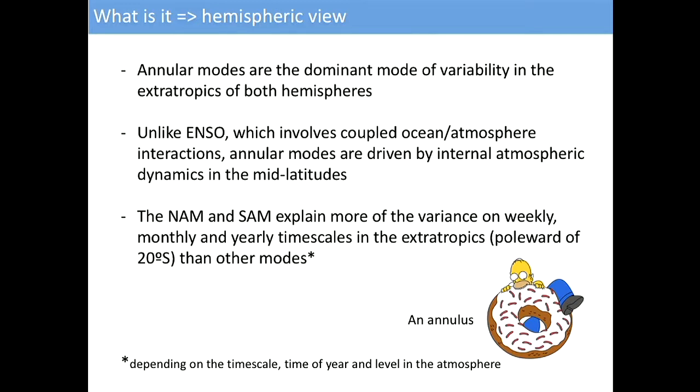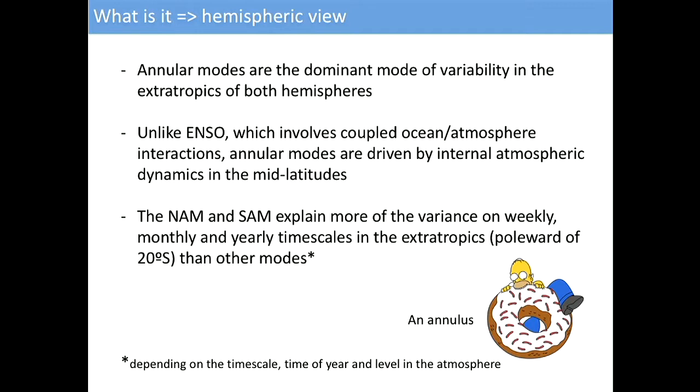I did research on annular modes for a long time before I realized why it was called annular. For those of you who don't know, an annulus is like a donut shape. So it's this longitudinally symmetric shape, and what I'll show you is the dominant mode of variability in the extratropics of both hemispheres.